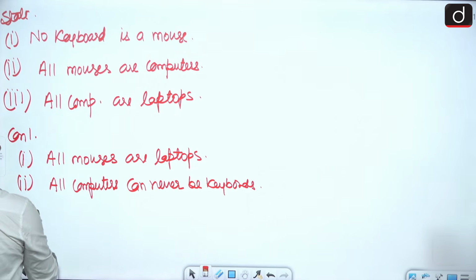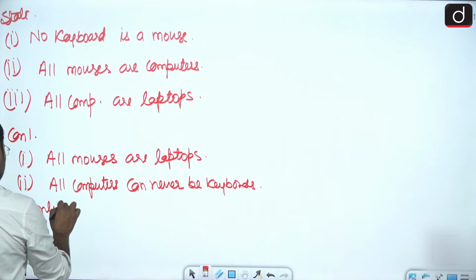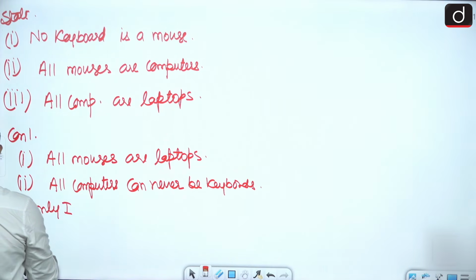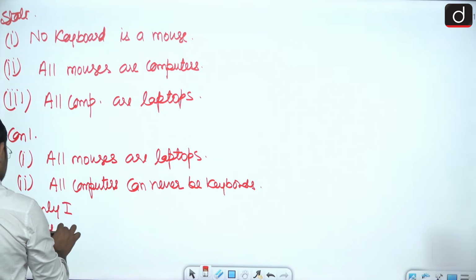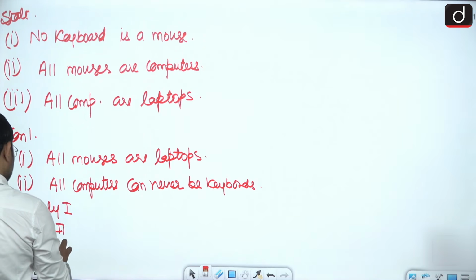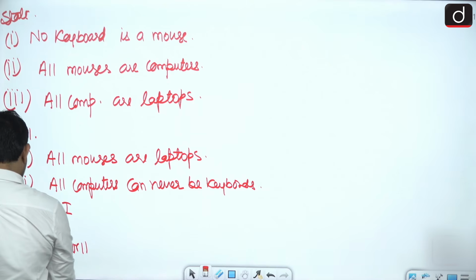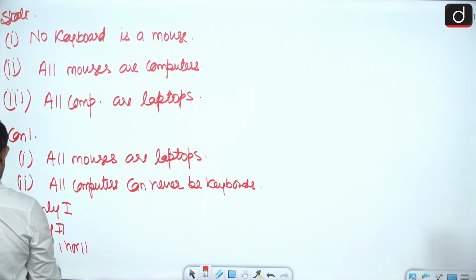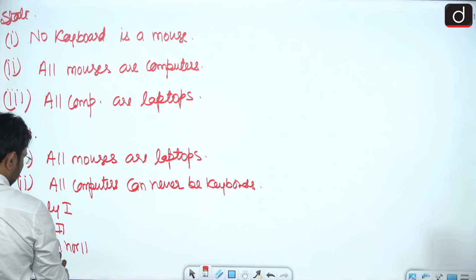Option A is only one, B only second, C neither one nor two, and D both 1 and 2.